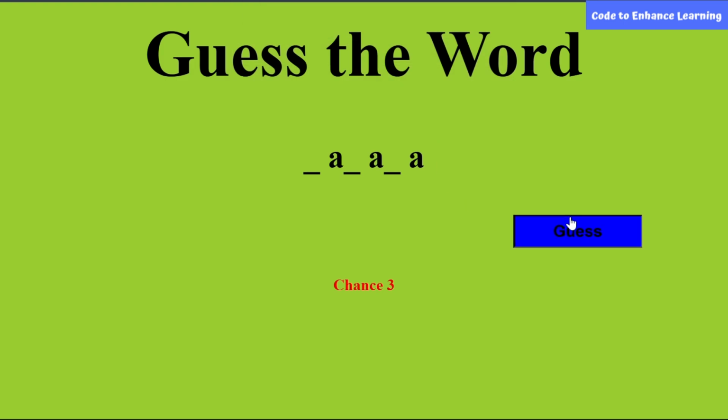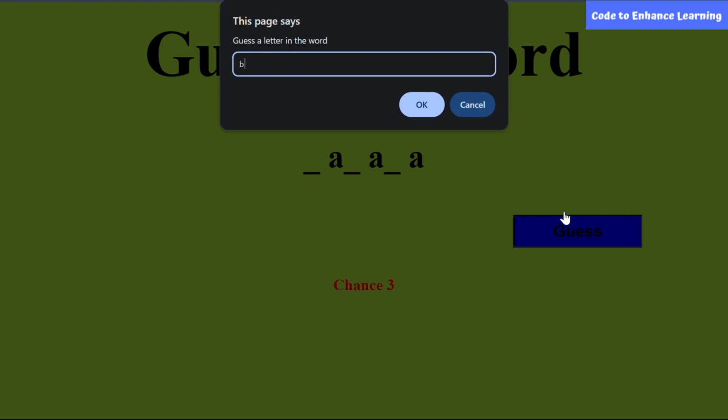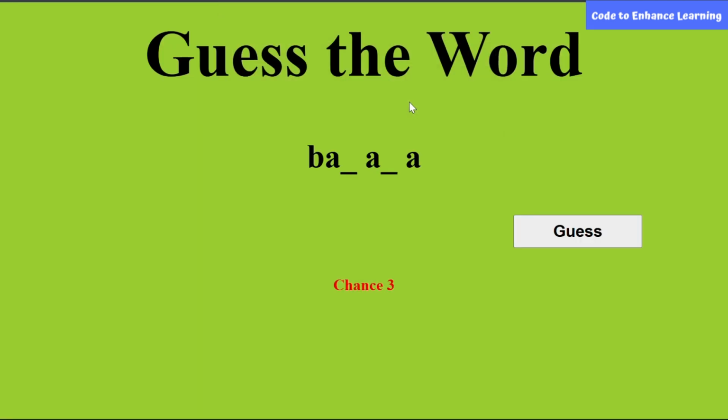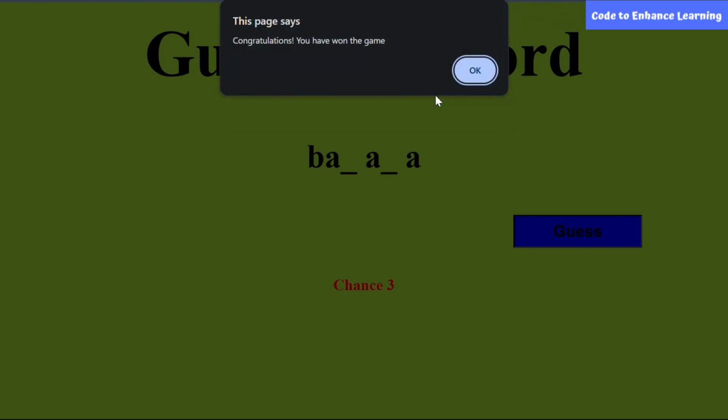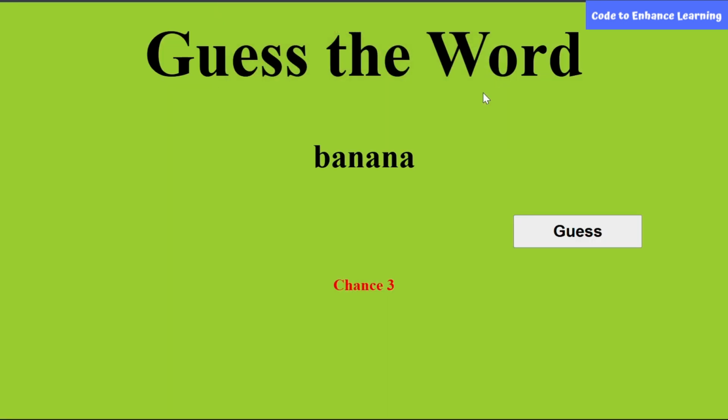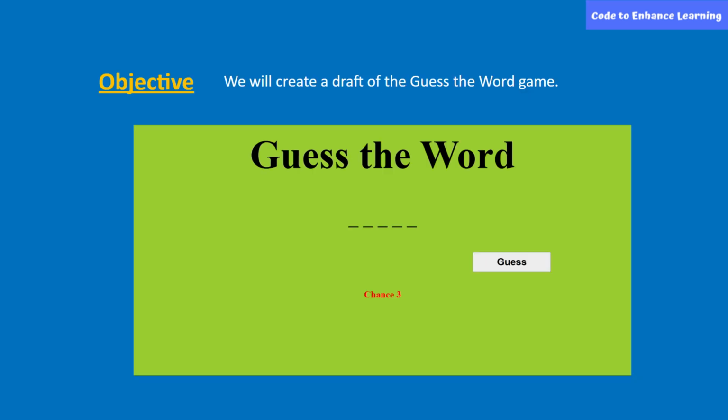Now next, guess again. Next is B. Wow, that is also correct. Next, I think the word is banana. So, N. Wow, guess what? It is correct. Now again, we can keep guessing like this. Now, let's jump into our lesson.